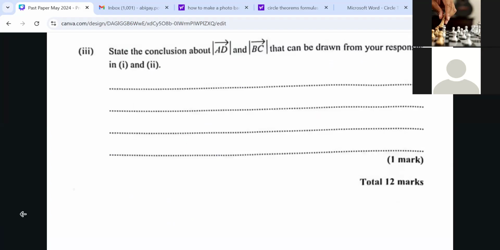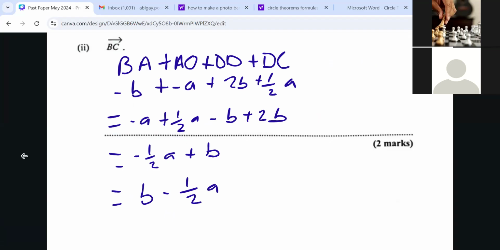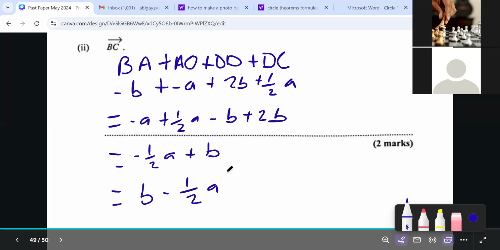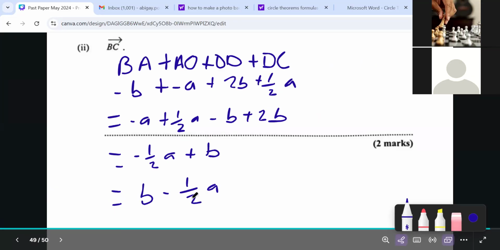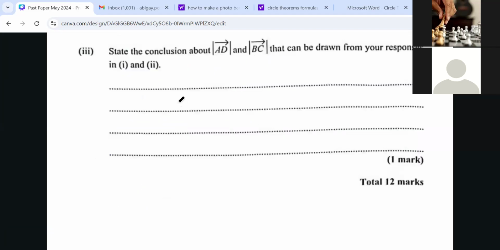And we can say, based on the two things, that the A right here and the A right here is half A. And over here is a 2B, and over here is a B. So that means BC is half of AD. I can say that. Or I can say AD is twice BC.